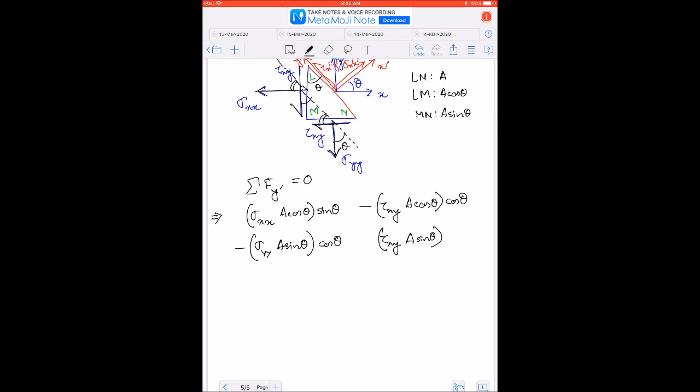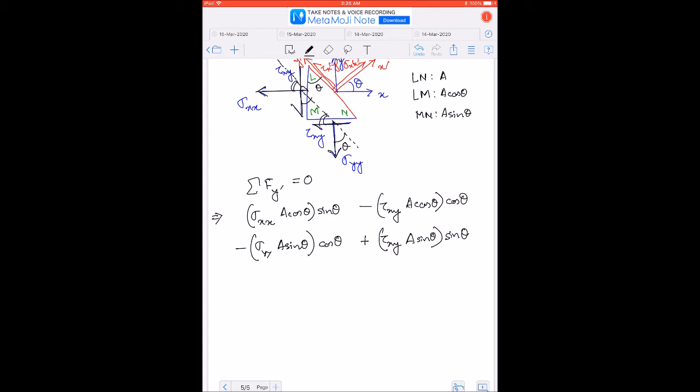So that is cos of 90 degrees minus theta, so that's sine theta, but that happens to be along the positive y dash direction, so it is a plus, just like the first term involving sigma xx.